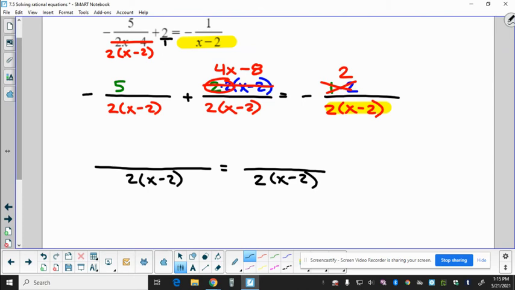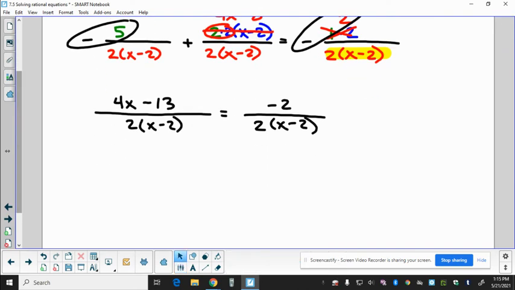Okay, so let's see what we have here. We've got a 4x. And then look at this. See how that's a negative 5 and negative 8? That makes a negative 13. And on the other side, it's a negative 2. So at this point, let's use our property of equality.